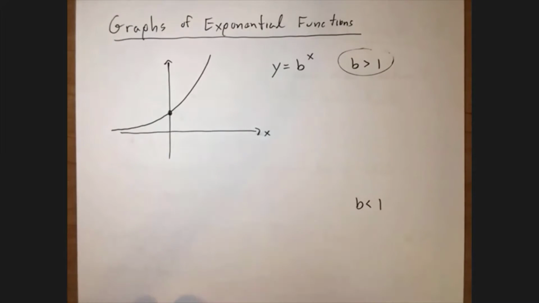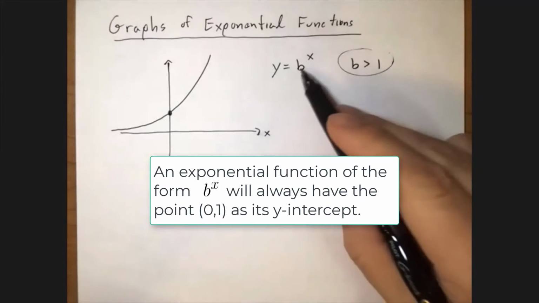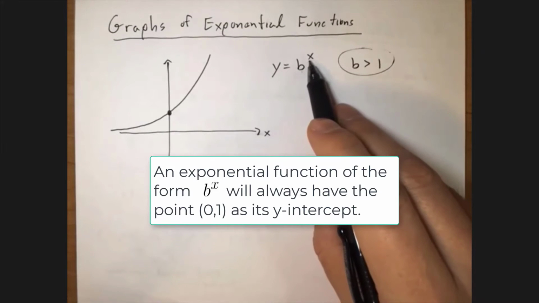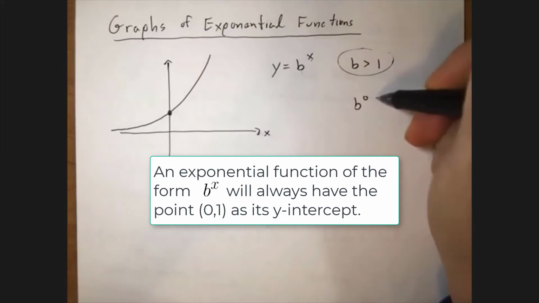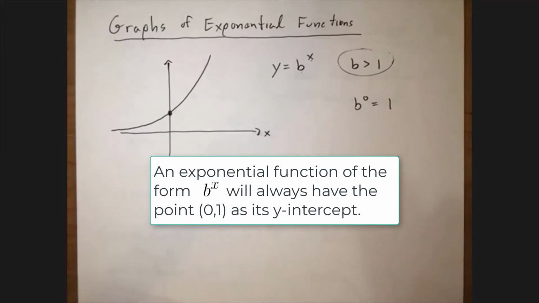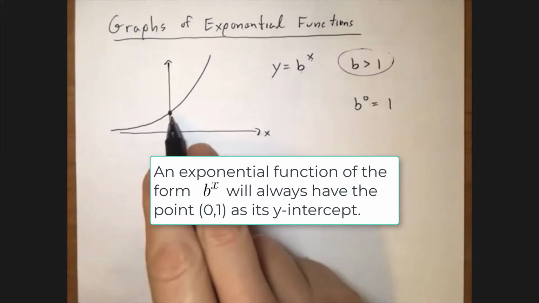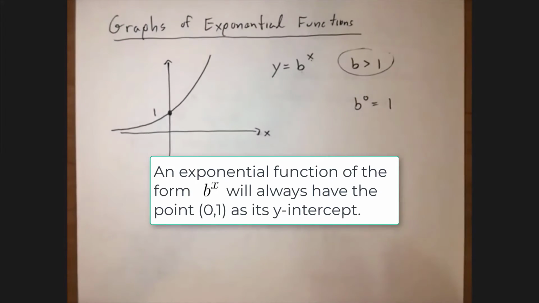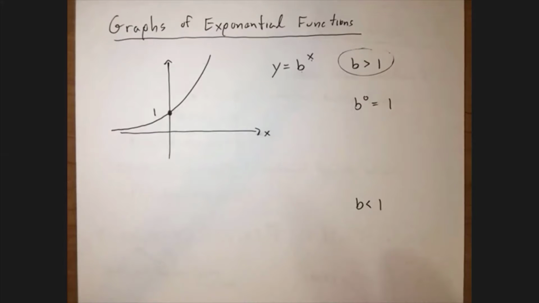And that's always going to be the case, because if you raise a non-zero number to the 0 power, we know that we always get 1. So this is always going to be 1 for every single exponential function we can conceive of. That's an important thing to remember. It always crosses here at 1.